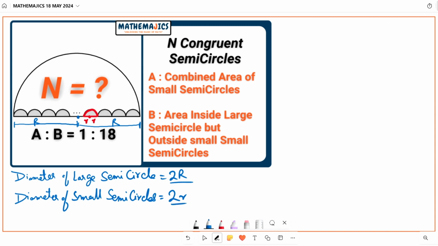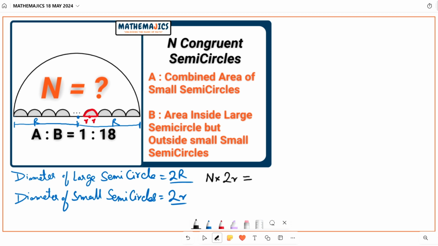We can see that these semicircles are evenly distributed on the diameter of the large semicircle. That means n times 2r, where n is the number of semicircles, is the total length of the diameters of all the small semicircles.